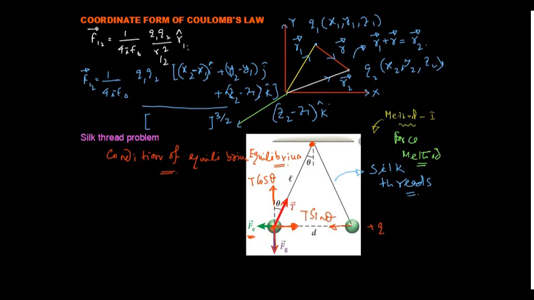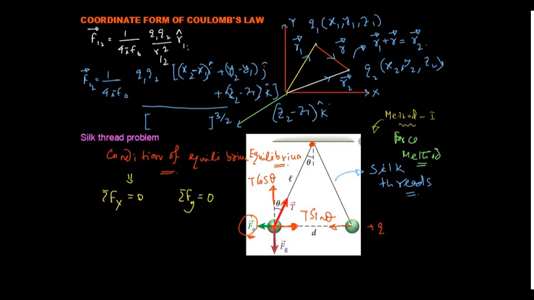Now since the system is in equilibrium, I can write summation of Fx equal to 0 as well as summation of Fy equal to 0. If I make summation of Fx equal to 0, you can see that the force Fe is balancing T sin theta.